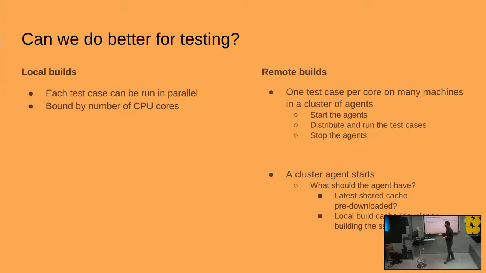So this is where, in a cluster agent, ideally, if you work in a feature branch, you push a CI remote build, it does something there, and then it's, oh, the test is broken. Okay, you go back to your machine, you make the fixes, and then you push it up again. Of course, you do want to take advantage of the cache that you have already built on that particular agent, which is specific to your branch.